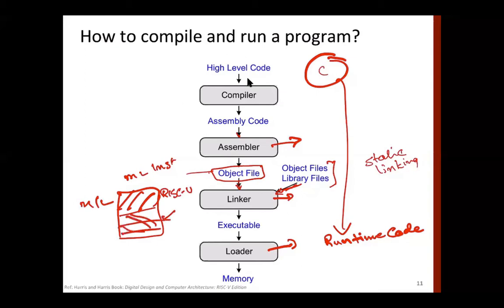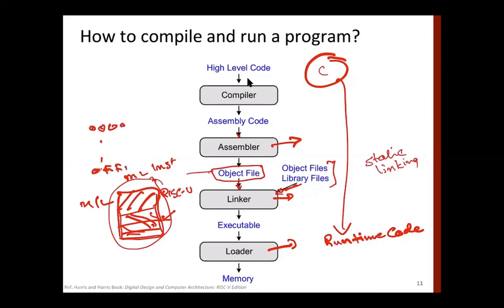Even when you combine these two, note that it's still using your address space, starting from 0000 to, say, FFF or something. When the linker combines them, it puts them into the right address space.